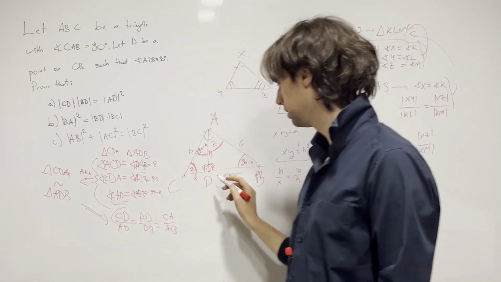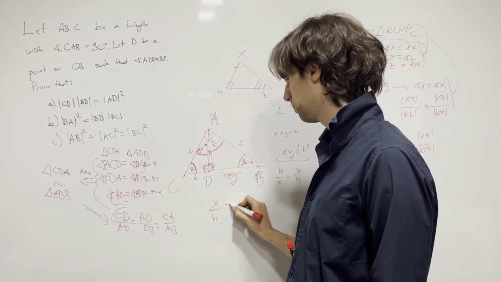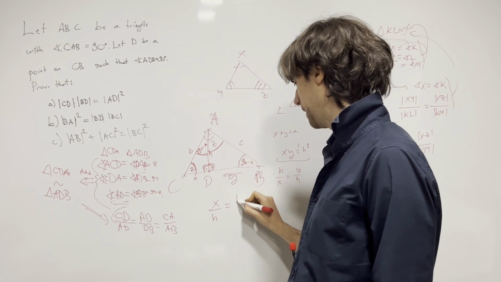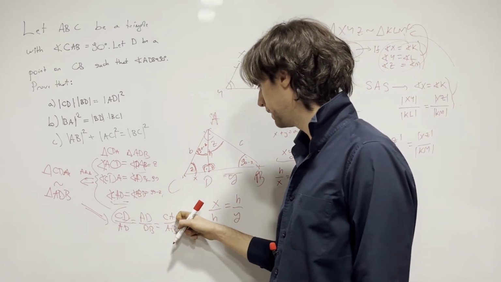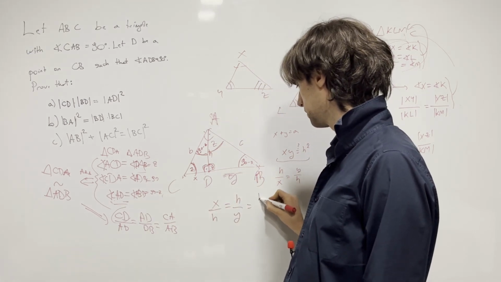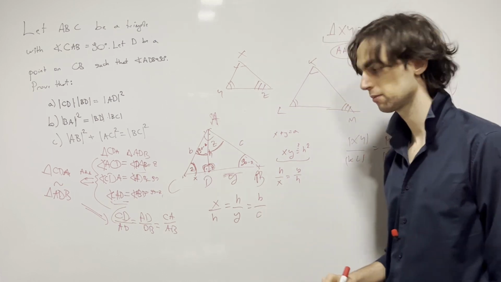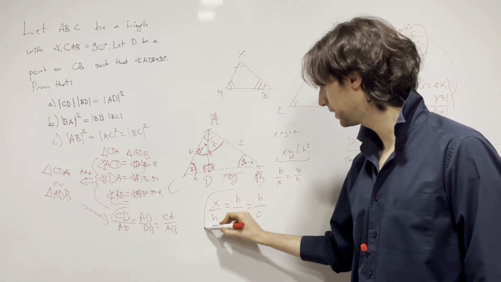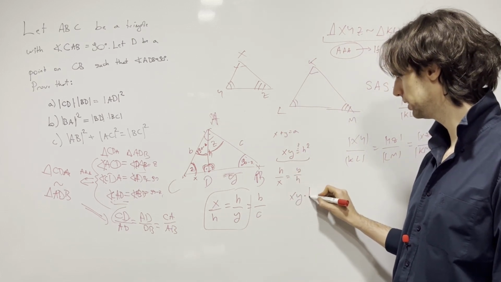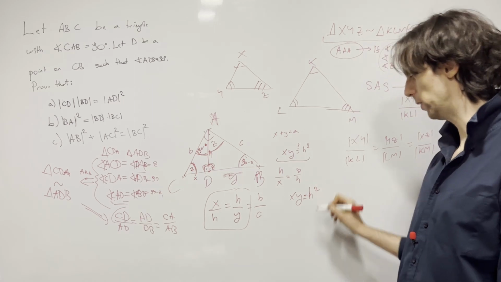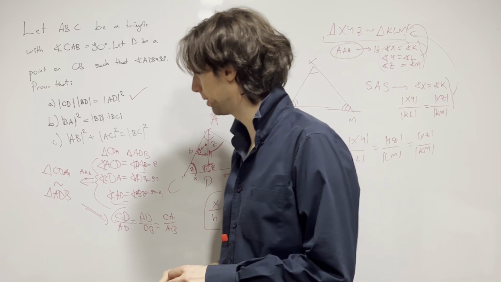CD is equal to X, AD is equal to H, then AD again, H, DB is Y, CA is B, and AB is C. And now from here we get what we needed beforehand: X times Y is equal to H squared. And so that finishes up part A.